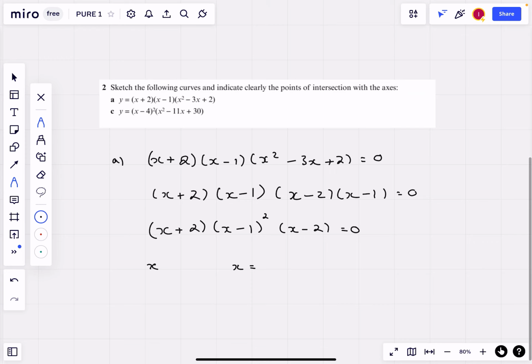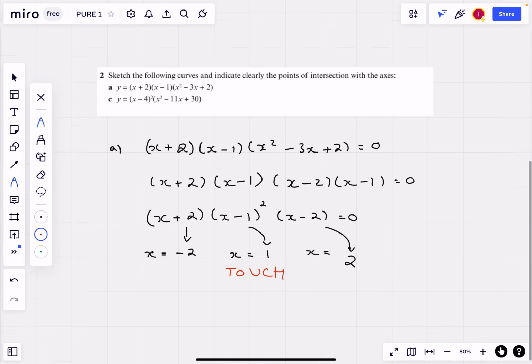What are the values of x going to be then? This one is going to give you minus 2, this one is going to give you 1, and that's going to give you 2. This is a repeated root, meaning it's just going to touch at x equals 1. At every other point, it's going to be an intersection.